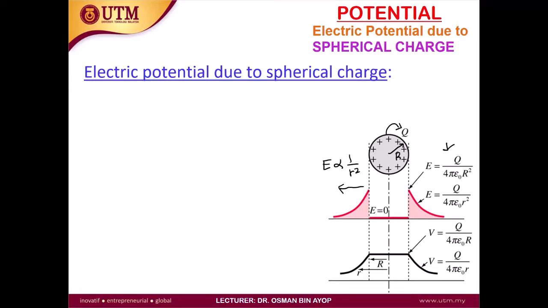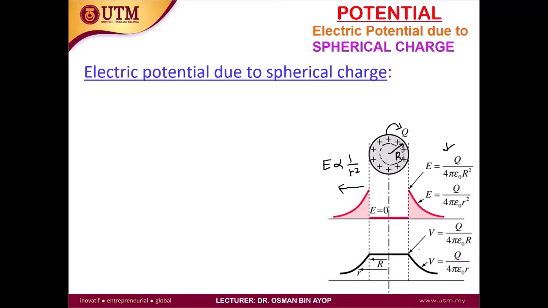What happens inside the sphere? Hopefully you still remember when we drew a Gaussian surface inside the sphere. This Gaussian surface contains no charge, so the Q enclosed is equal to 0, resulting in E equal to 0. But what happens to the potential?